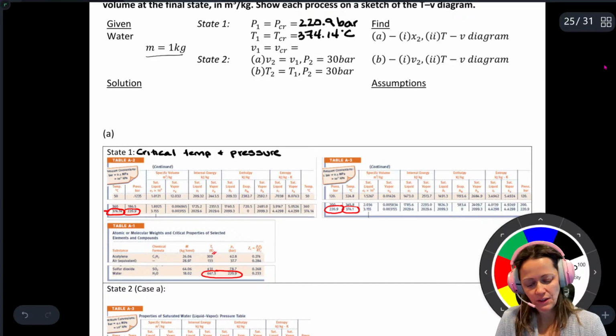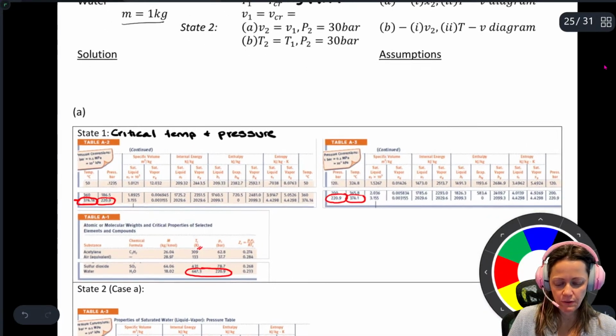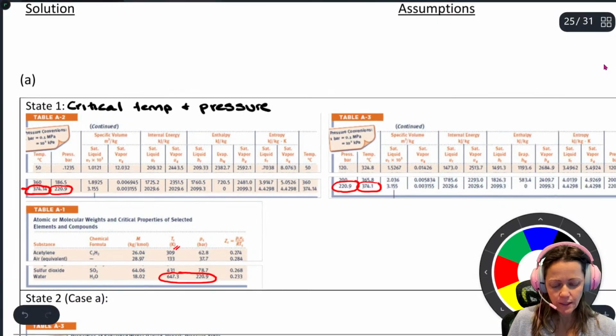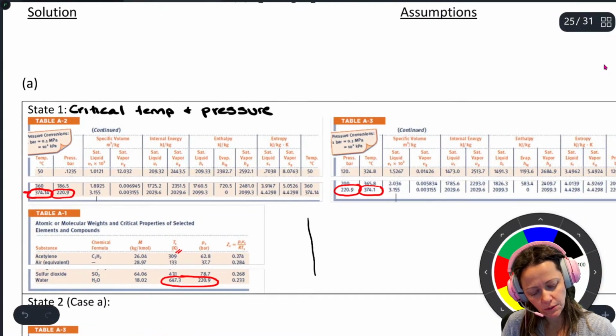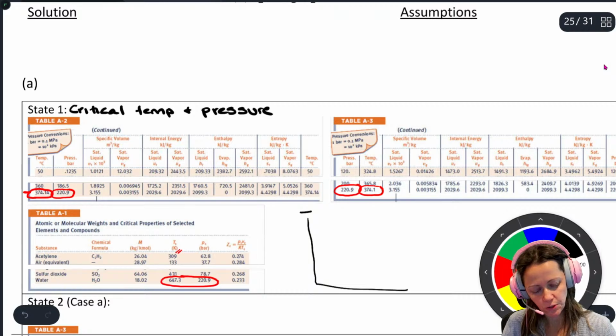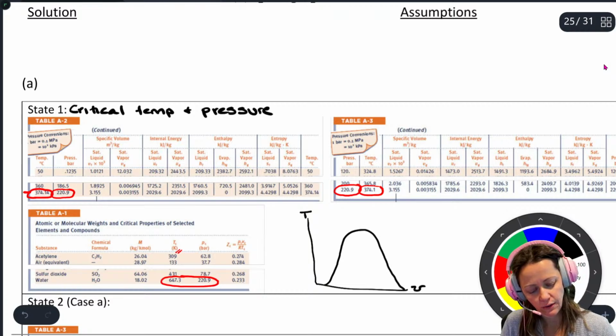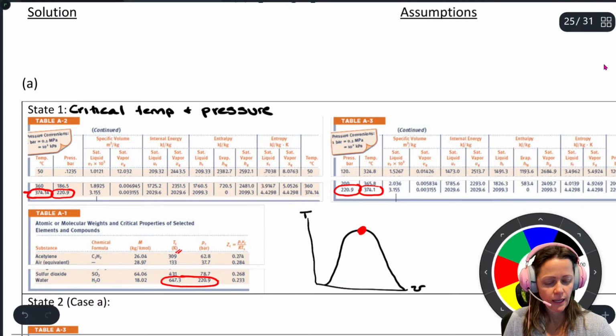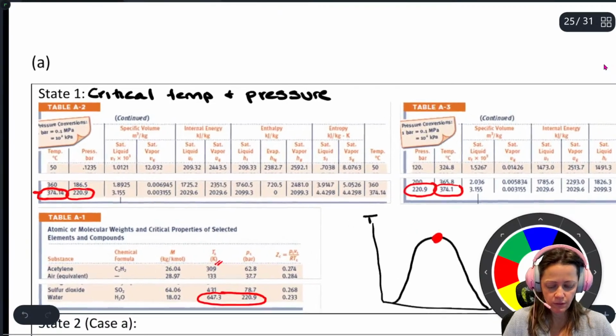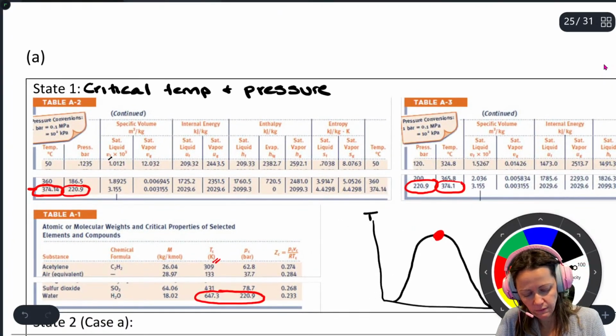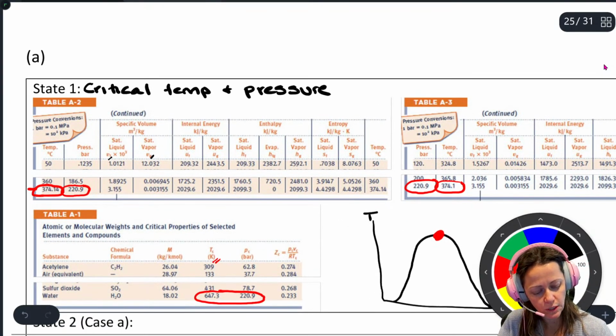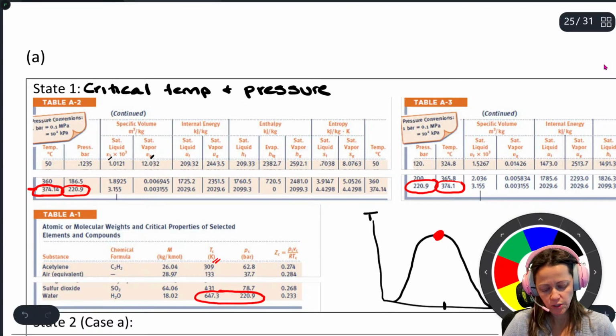And then I've got this specific volume here. So remember the critical temperature and critical pressure, the critical point, I'm just going to draw it on a TV diagram. It's right here. That's where it is. And so I've got a V sub F and V sub G value, but there's only one location that could be at.